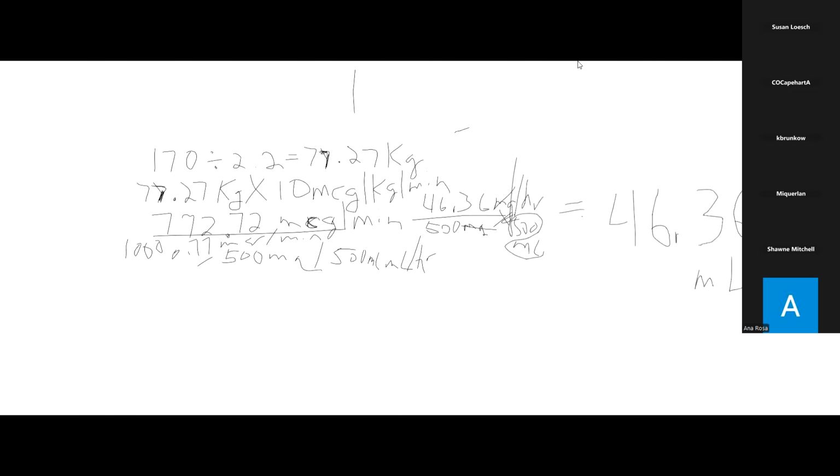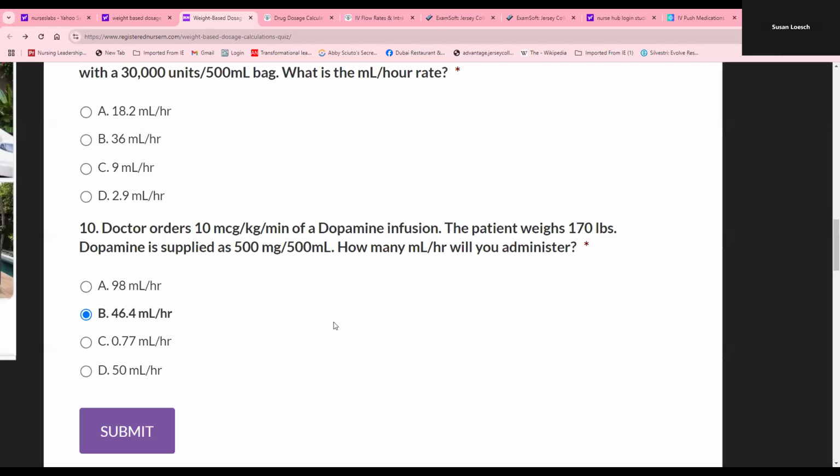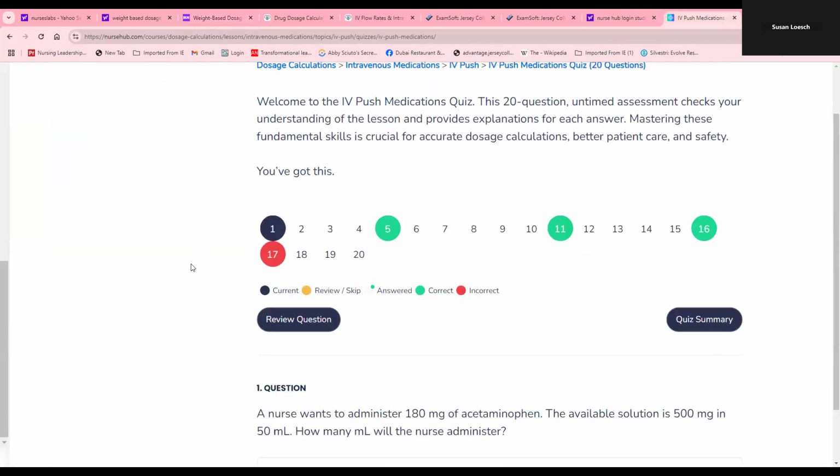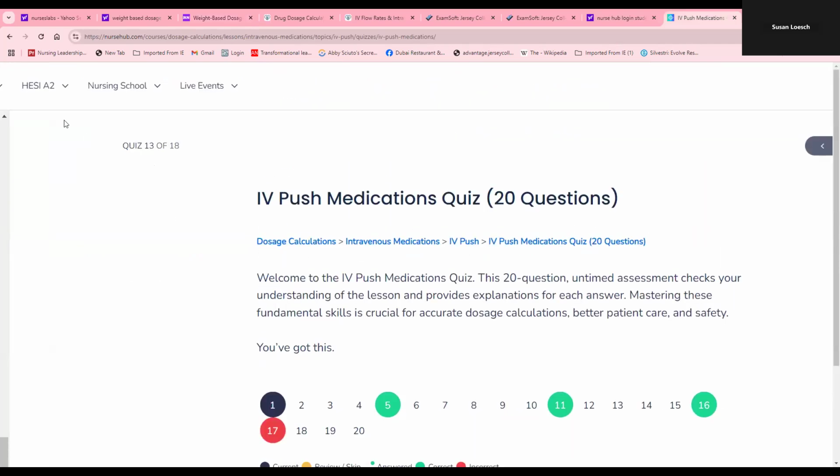What's it going to be? 46.4. Okay, 46.4. The answer's there, right? I don't know if they have any other weight-based ones on this one. Let's see.